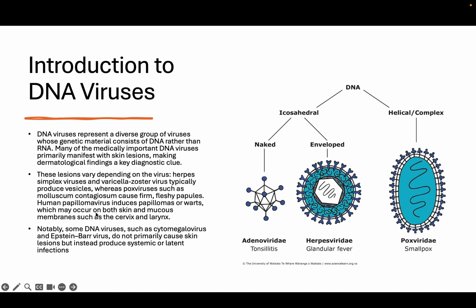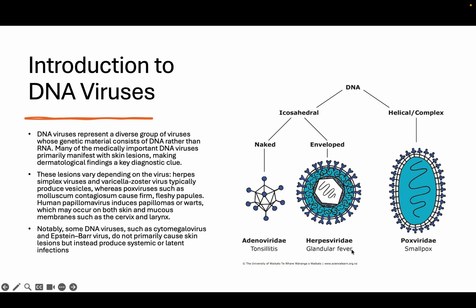Then you have the human papillomaviruses that create papillomas or warts that are really annoying. So you see that herpes viruses and even the poxviridae family really create these skin manifestations or lesions. Those are very easy to notice, and very nice in the clinic to diagnose.